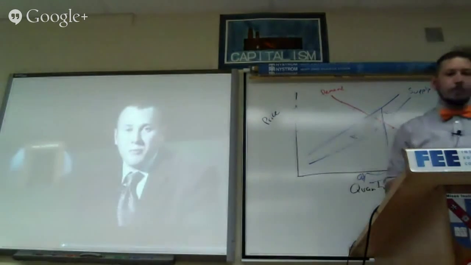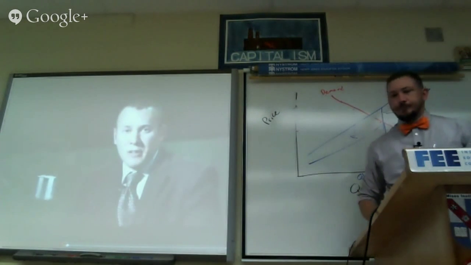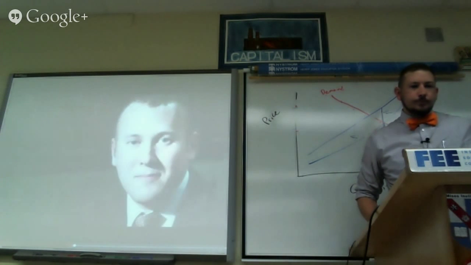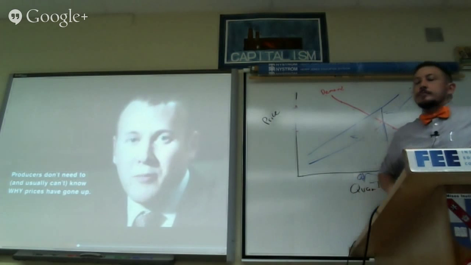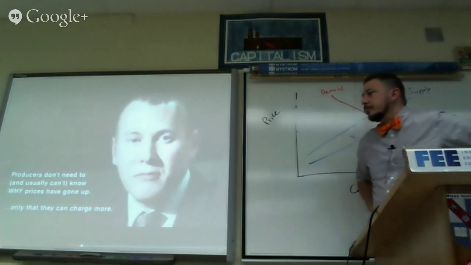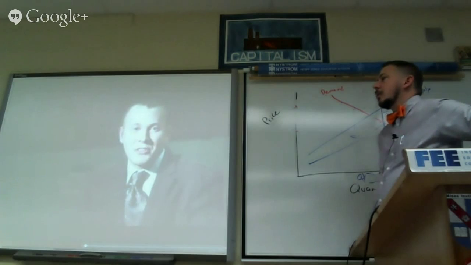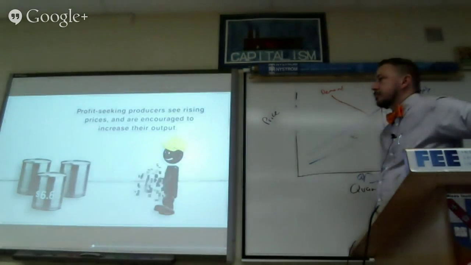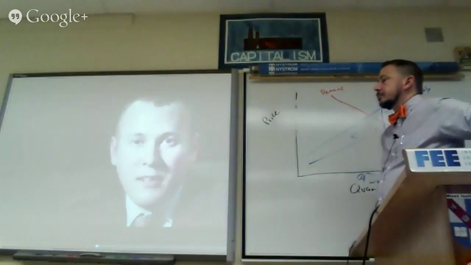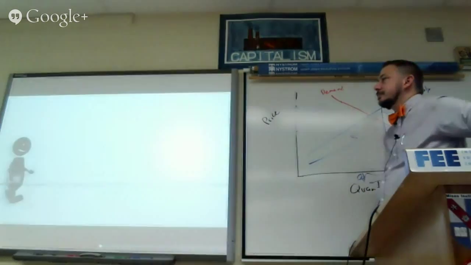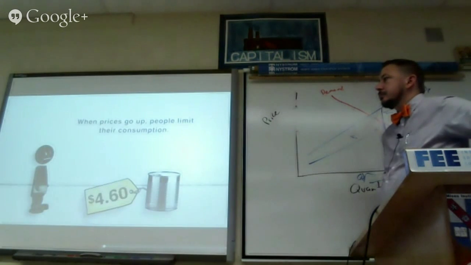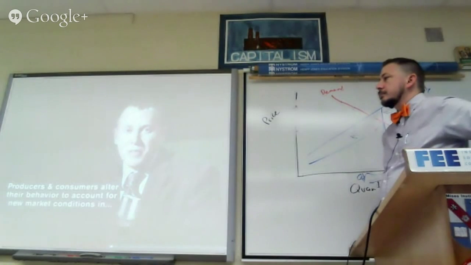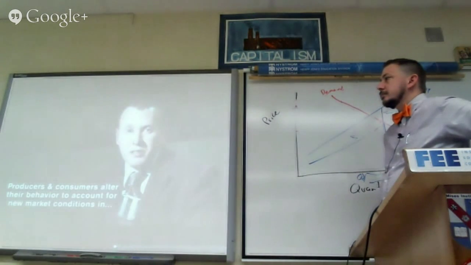The disruption of supply of tin, say mine glass, will automatically lead to the rise in the price of tin and products made from tin. Producers don't need to know why the price has gone up, only that they can now charge more for tin. This leads tin producers to increase the supply of tin by, for example, working longer hours or using more intensive mining techniques. Likewise, consumers see the increase in price and will use fewer products made of tin. As we have seen, both producers and consumers have adjusted their behavior to account for the new market conditions of tin.